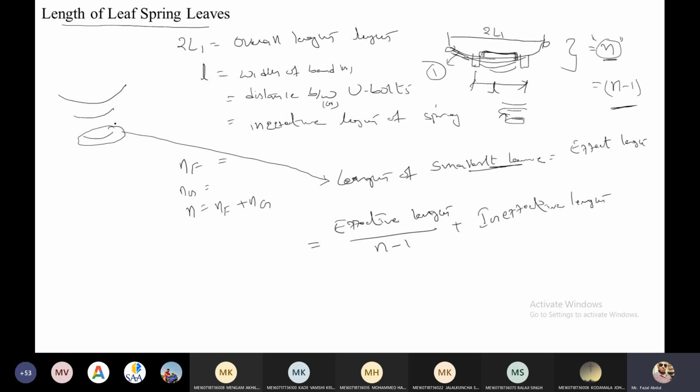Now length of the next leaf, how much? Next leaf, that one we are calculating now. So next leaf is effective length by n minus 1 into 2 plus ineffective length.